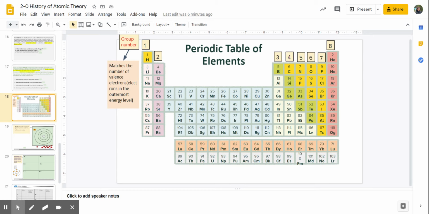So let's take a look at argon as an example. When I drew the electrons for argon, I drew 8 in the outermost circle, and argon is actually in group 8. So the group number in the periodic table matches the number of valence electrons, or the electrons in the outermost layer.